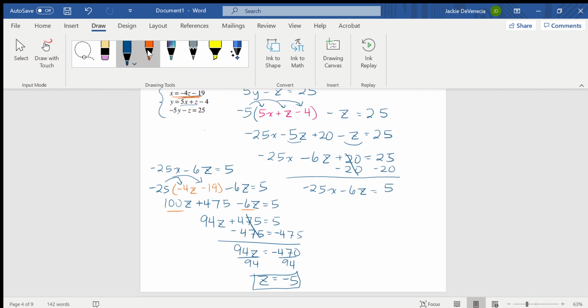Let me just write it over here. x is equal to -4 times z minus 19. Instead of writing z, we're going to put -4 times -5. -4 times -5, this is a 20 minus 19. And x is just equal to 1.